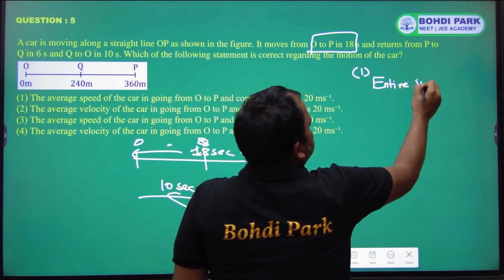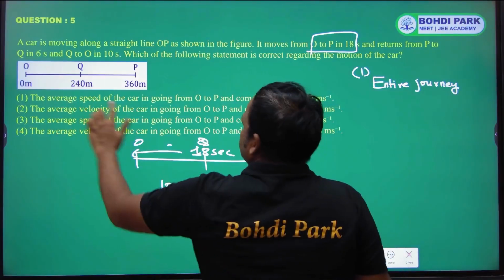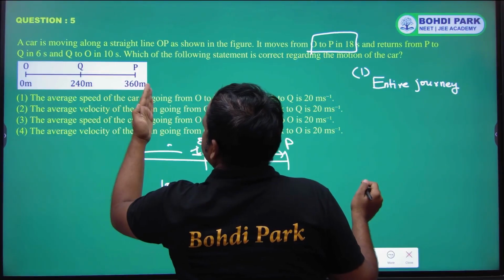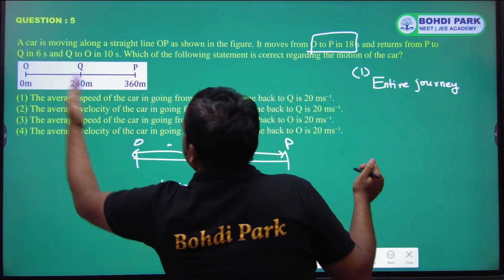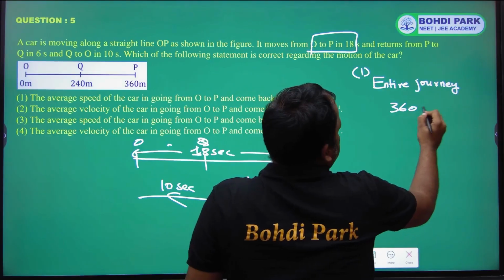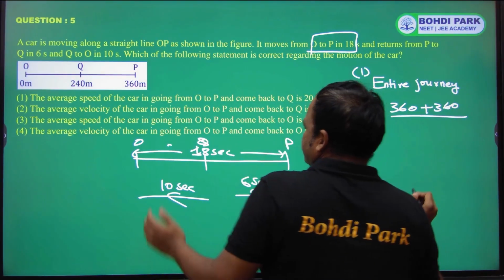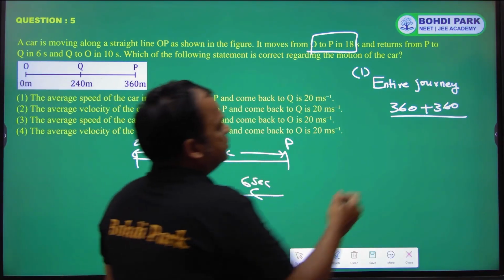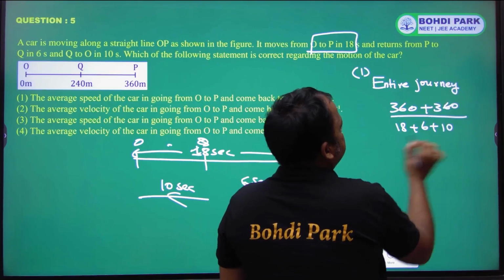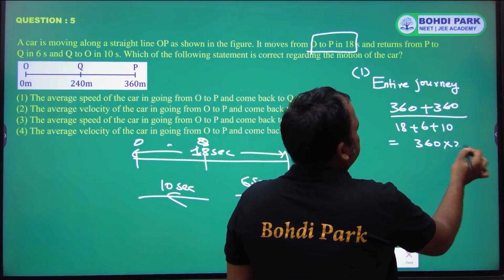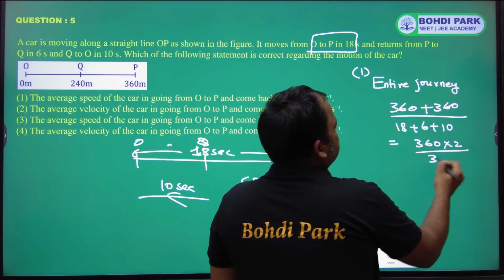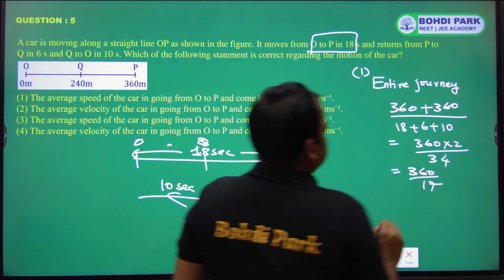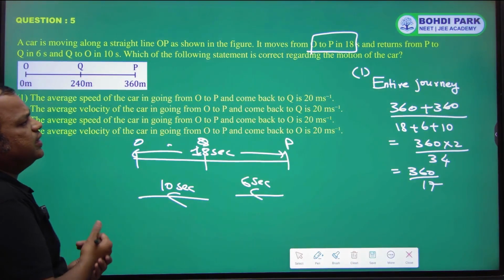For the entire journey, O to P and back to Q, the distance covered is 360, then again going back, so 360 plus 360, and total time 18 plus 6 plus 10. So 360 into 2 by 18 plus 16, that is 34. So this is 360 by 17. This is not looking like it is 20.